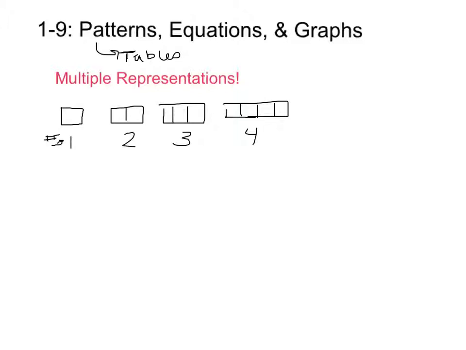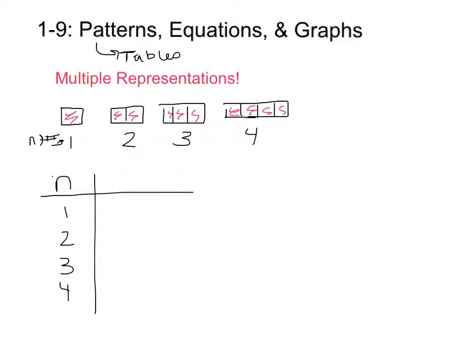So for example, this could be n, and then this is the number of blocks underneath each. So my number in the sequence, if I was to write a graph, might be 1, 2, 3, 4. The number of blocks, we'll call it B, is given by 1, 2, 3, 4 as well.